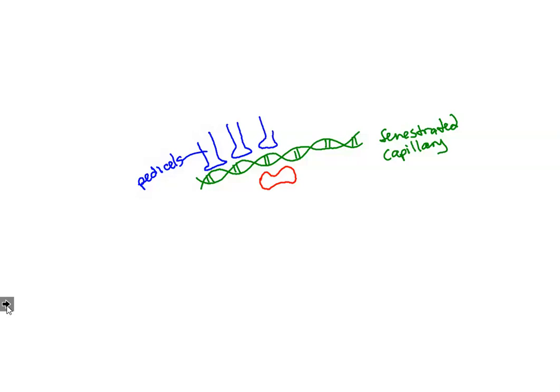So there'll be many of these. And there would be a little bit of connective tissue, a thin basement membrane here. These are the pedicels of the podocytes. Podocyte are the cell type.